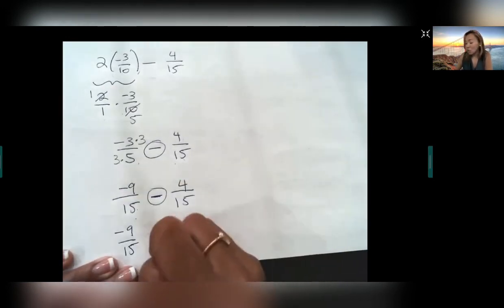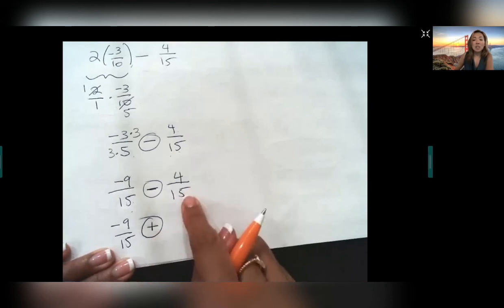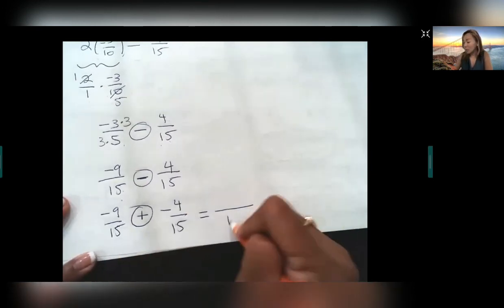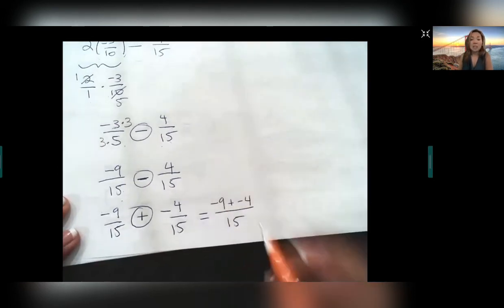So here I have negative 9 minus 4/15. If you have a minus sign, remember, one of the ways that you could think about this is you change a subtraction to an addition. And if you change it to addition, then you need to change the sign for 4/15. So that becomes negative 4/15. So now I am ready to combine these fractions. I have the lowest common denominator, which is 15. The top is negative 9 plus a negative 4.